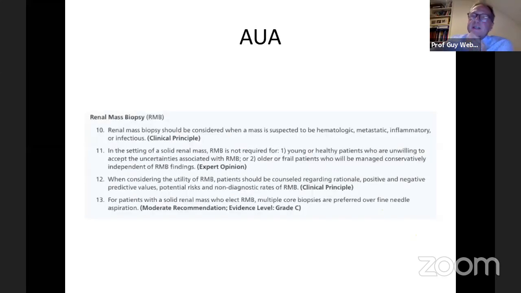The AUA is not particularly in favour of renal biopsies, and they say it should be considered when a mass is suspected to be hematological, metastatic, inflammatory, or infectious. It's not required for young or healthy individuals unwilling to accept the uncertainties, or for old or frail patients who are going to be managed conservatively anyway, which makes sense. A full discussion should take place, counselling of the disadvantages, and they should have multiple core biopsies, not FNA.